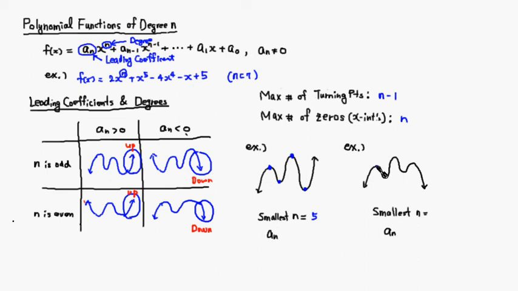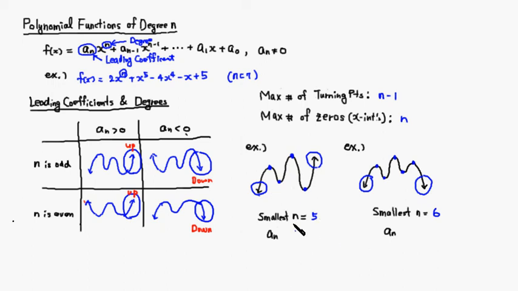In the same way, here you have 1, 2, 3, 4, 5 turns, so the smallest degree that can have 5 turns would be 6. Also, both ends are pointing down, so the degree has to be even. And here, one end points down and the other points up. They're opposites, so the degree has to be odd.